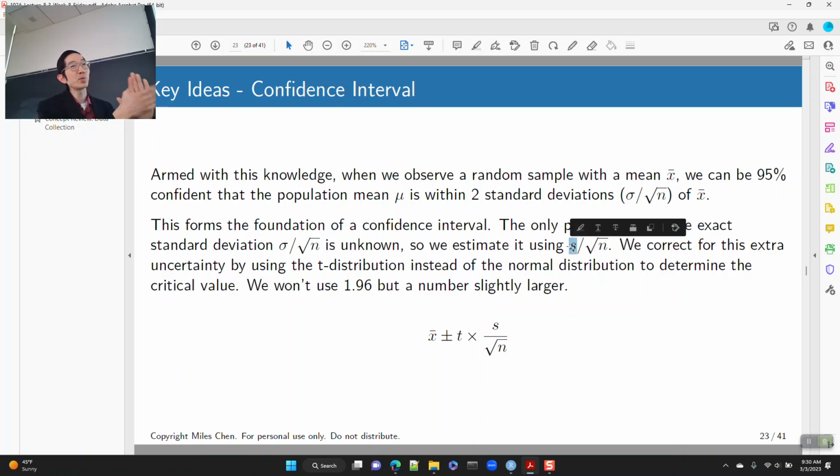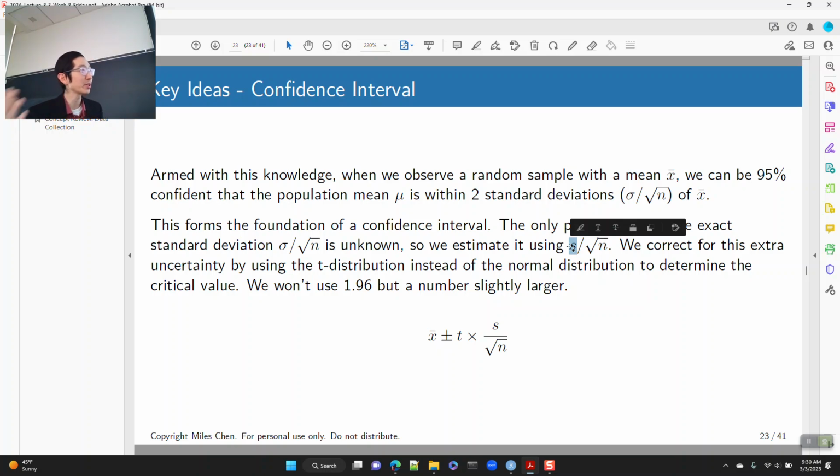Well, instead of using 1.96 standard deviations, which comes from the normal distribution, we relax the normal distribution a little bit and we get the t-distribution. The t-distribution looks a lot like the normal distribution, but it's got heavier tails, it's wider, it's kind of like a stretched out or flattened out version of the normal distribution.